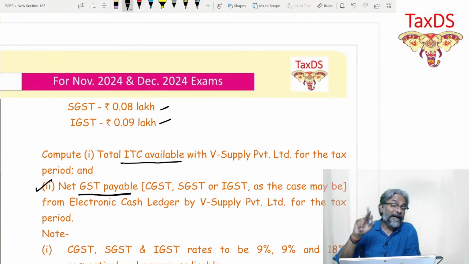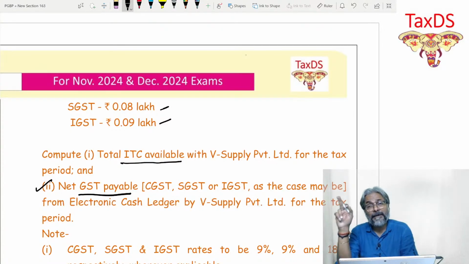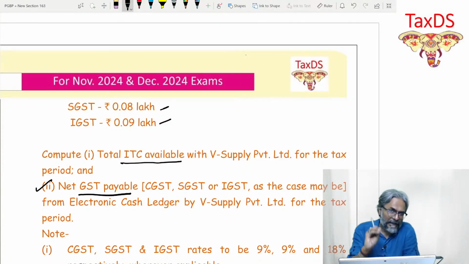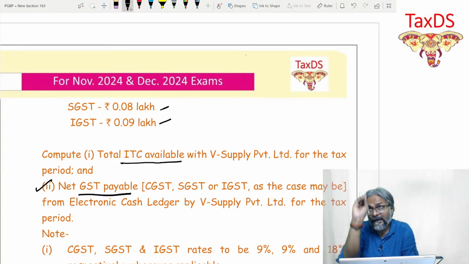The GST which is supposed to be paid under the reverse charge mechanism. So you will add that amount with the net amount which is payable through electronic cash ledger. So that will give you the total amount that you are supposed to pay through the electronic cash ledger. Is that point clear to all of you students? Every one of you? So this is how things go in this particular regard.